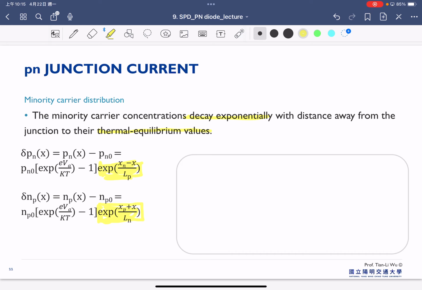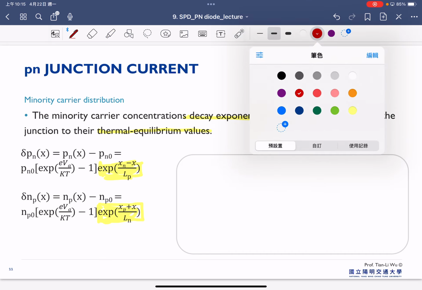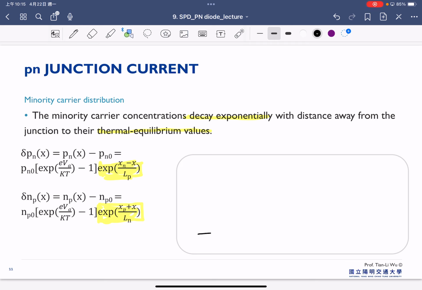So now, if you come back to look at this carrier distribution, especially related to the minority carrier distribution, we have x equal to 0, this is xn, this is minus xp.